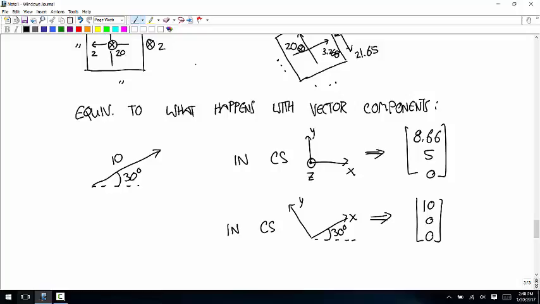Just like what I did here was find the coordinate system where we had the largest single component of this vector. You can't find a coordinate system where you get a component of this vector bigger than 10, right? And that's the idea of what we're going to look for with stress tensors.